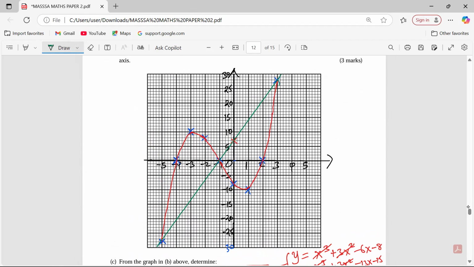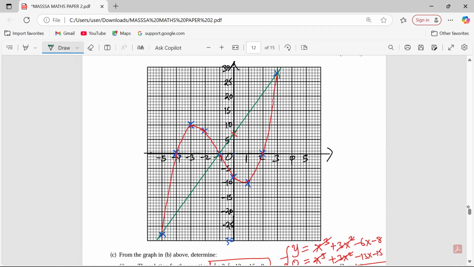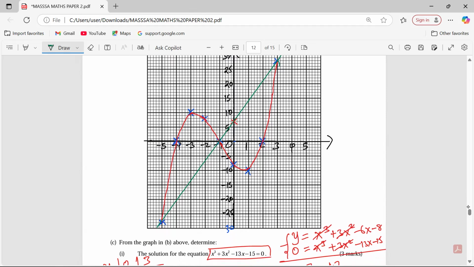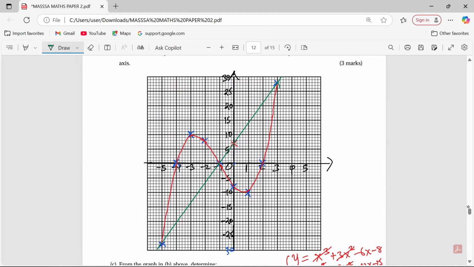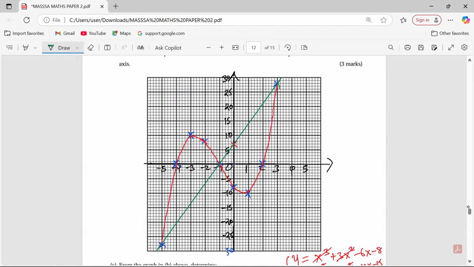Then for us to solve the function which we had been given, we are supposed to look at the coordinates where this straight line is cutting the curve which had been drawn. So those points are negative 5 at x.